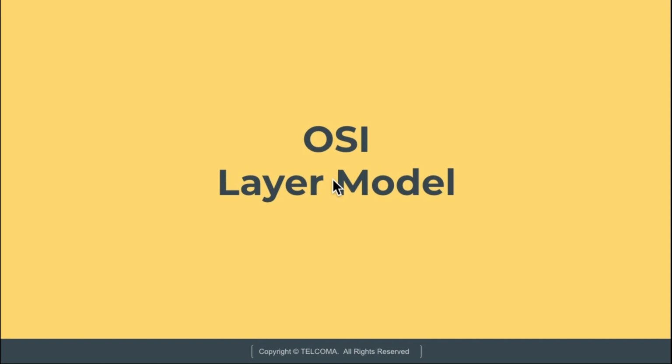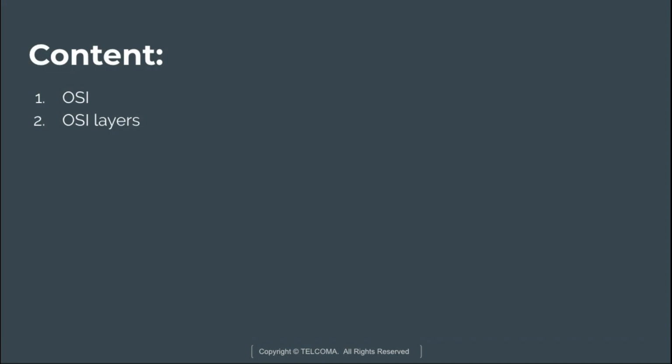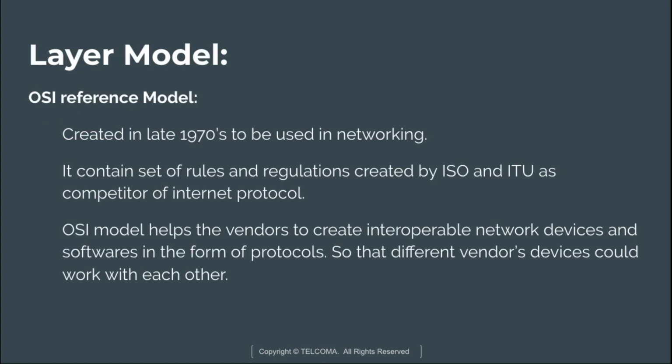So today we are going to discuss the OSI layer model. In this chapter we are going to discuss the OSI model and then the OSI layers. Starting with the very first, let's discuss the OSI reference model. OSI stands for Open System Interconnection and it was created in the late 1970s to be used in networking.